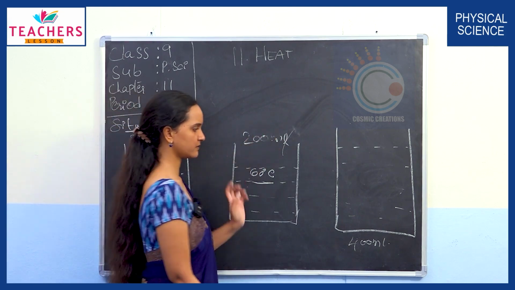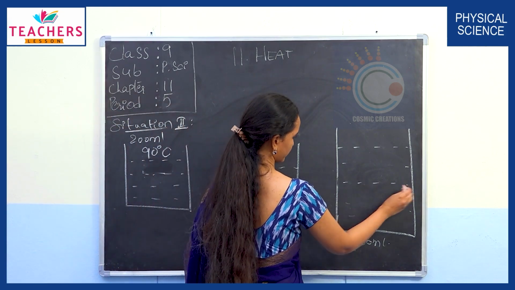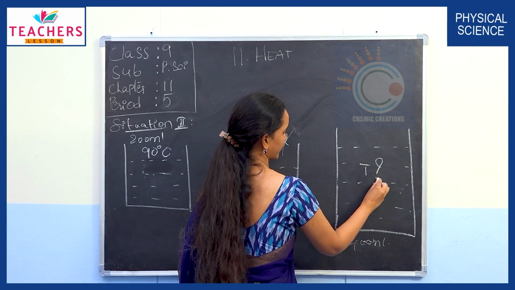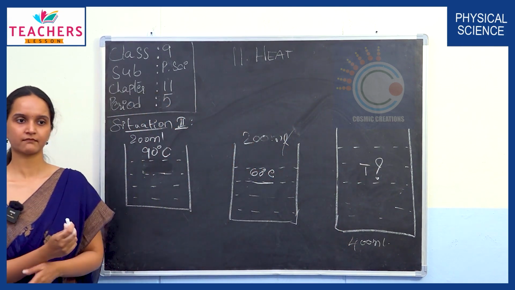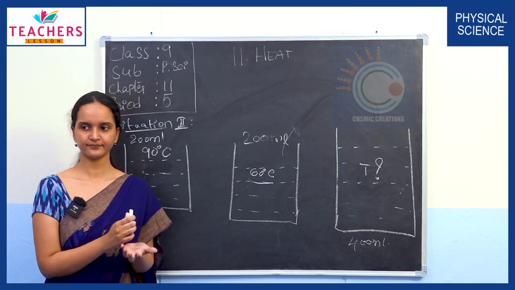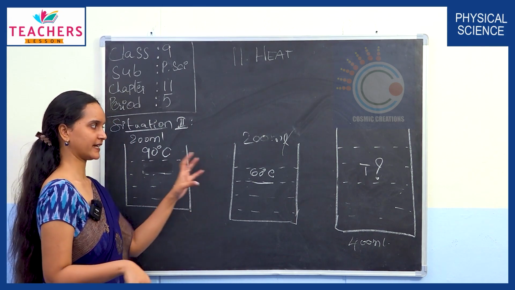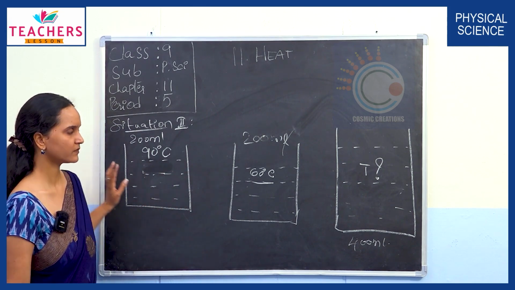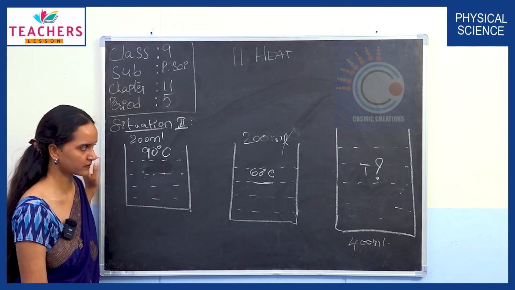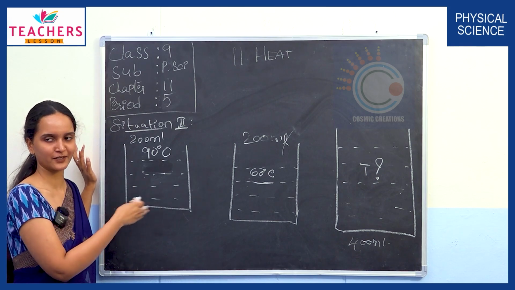Now these are mixed. Of course it would be 400 ml of water. Now what could be the temperature? Just give me an estimate. You don't have to give me the exact value, just an estimate. What do you think the temperature could be, or in what range the temperature could be?